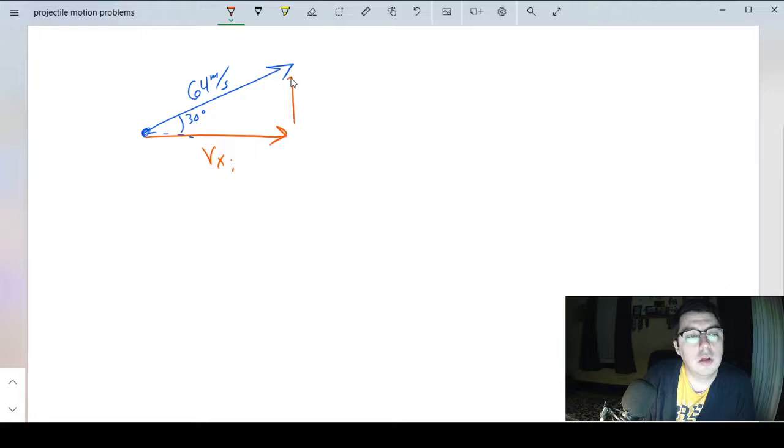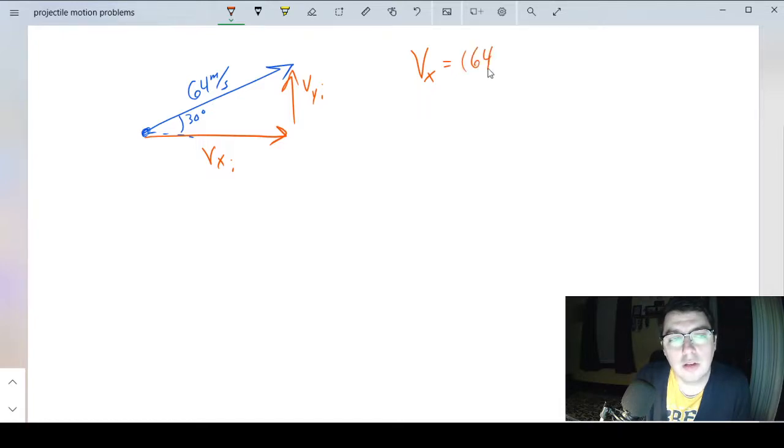initial and Vy initial. Using the same trig functions that we had in our previous classes, we have the magnitude, so the x component would be the magnitude of the vector, 64 meters per second, times cosine of 30 degrees, and the y component would be 64 meters per second times the sine of 30 degrees.